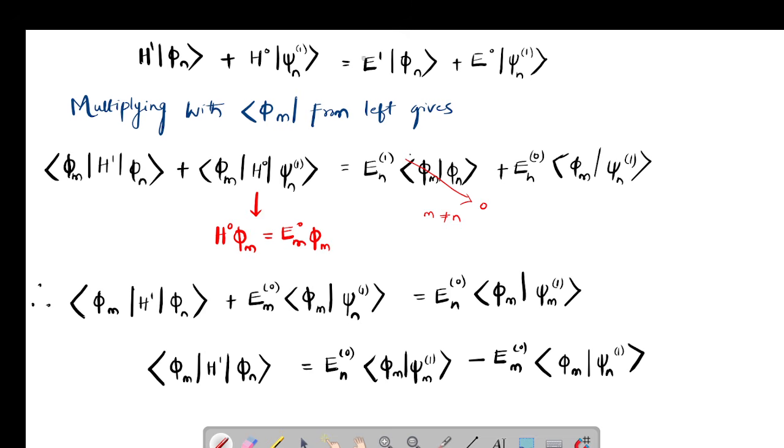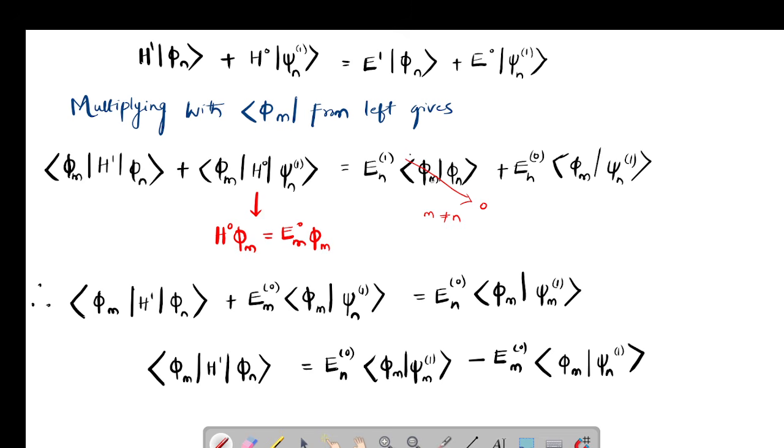So we will multiply the whole equation from the left with bra phi m. So we will get this equation: bra phi m h power 1 ket phi n plus bra phi m h naught ket psi n power 1, which is equal to en power 1, written outside the inner product of phi m and phi n, plus en power 0 times the inner product of phi m and psi n power 1.